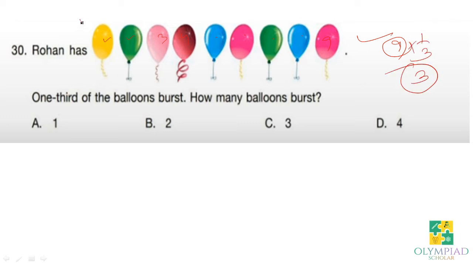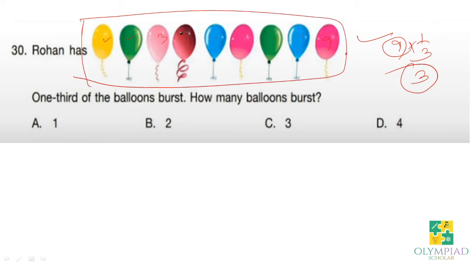Or you can make a table here and do it like this. So this will be one third. One third means 3 balloons burst, and we have to write only how many balloons burst. So 3 balloons burst and 6 balloons are left.